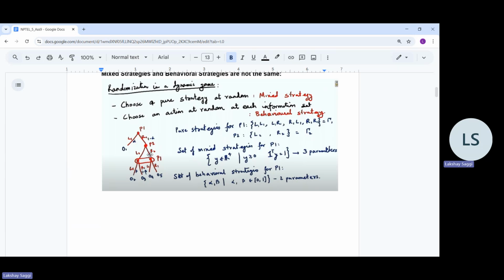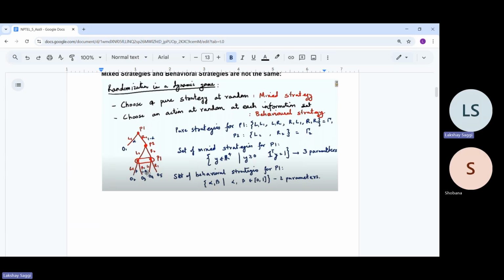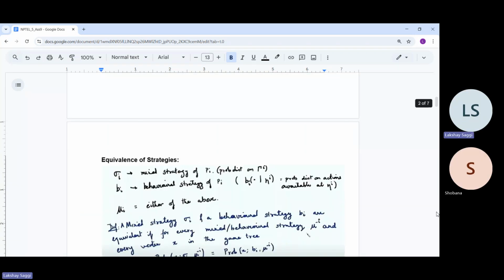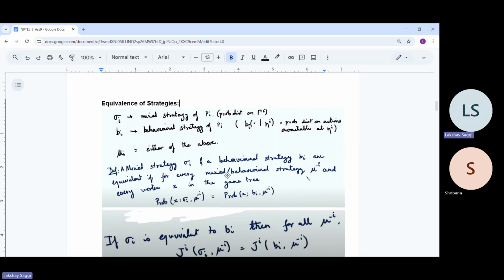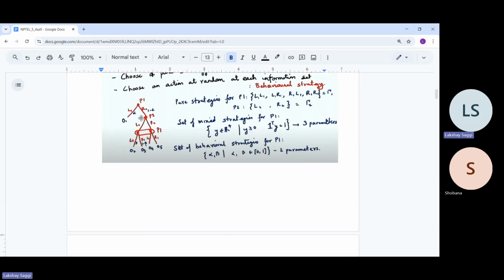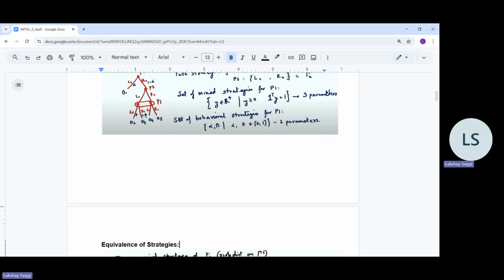This node, P2, is reachable with probability 1 minus alpha. And then what is the probability of this node being reachable? It is probability 1 minus alpha times the probability of P2 playing L2 at this point, right? So every node has some probability of being reached. So we say that two strategies are equivalent if this probability distribution of reachability over all the nodes is the same for both strategies.